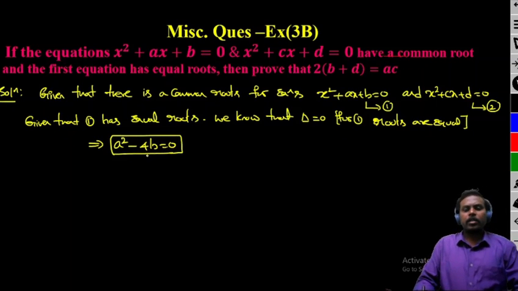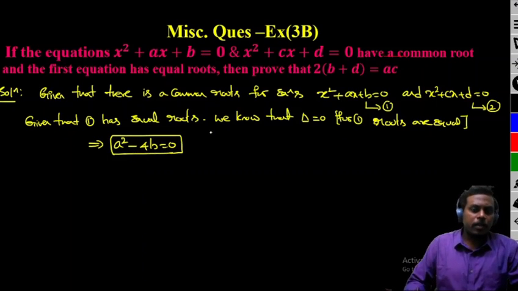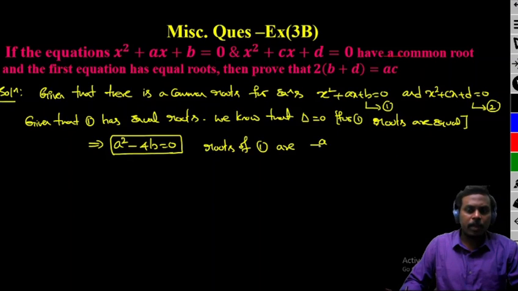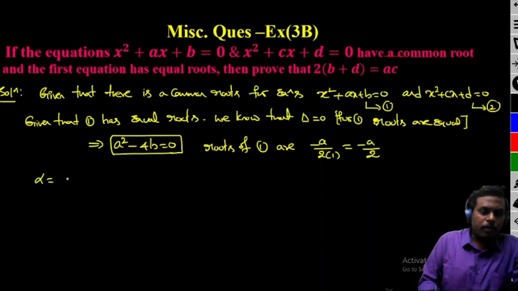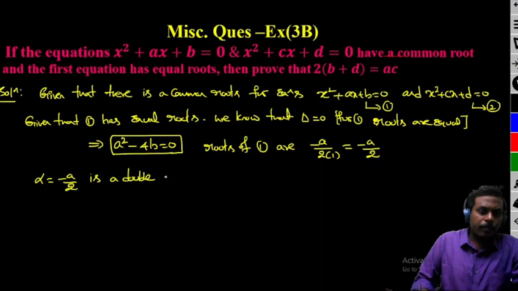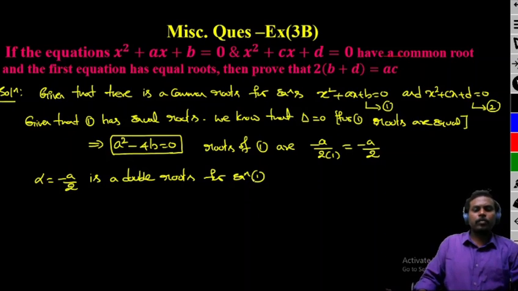We get this condition from equal roots. The root of equation 1 is minus b by 2a, that is minus a divided by 2 into 1, which is minus a by 2. So alpha is equal to minus a by 2, a double root for equation 1.